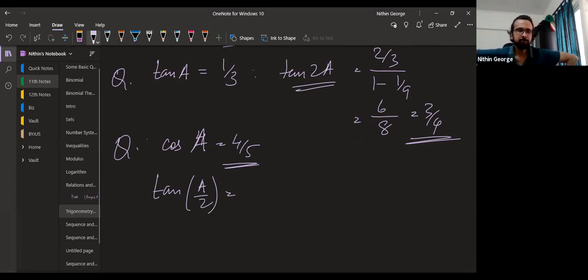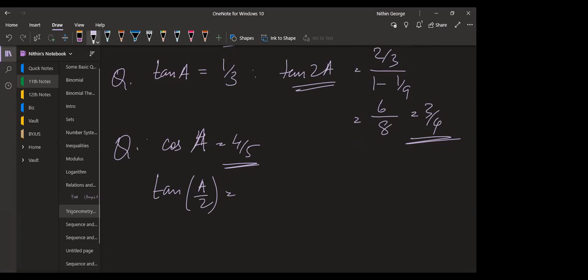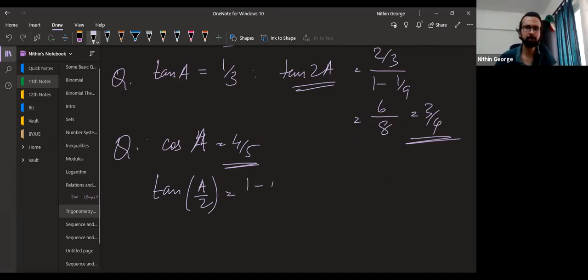What will happen here? So had I had 1 minus cos A divided by sin A, it'll become tan A by 2, right? What we just learned right now.